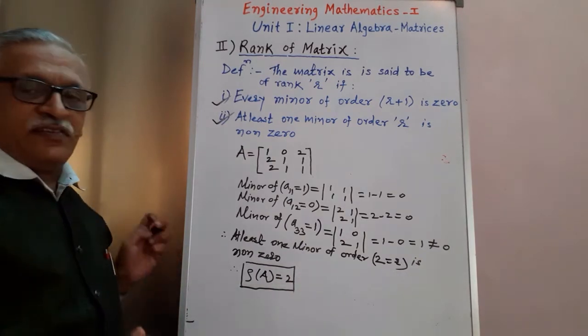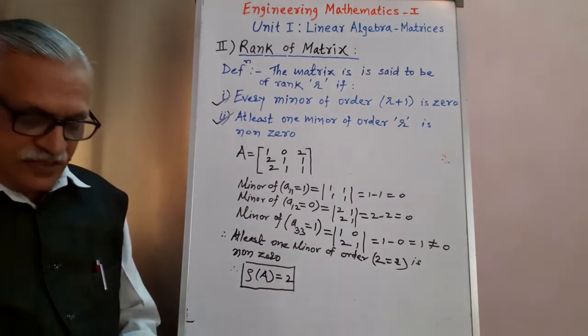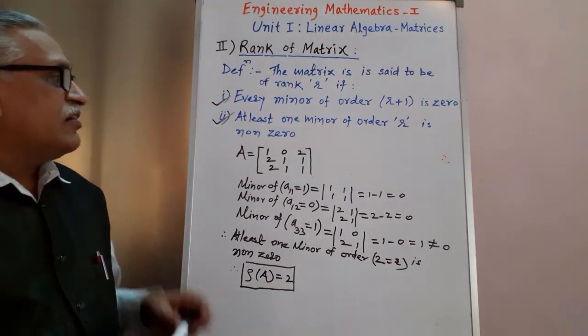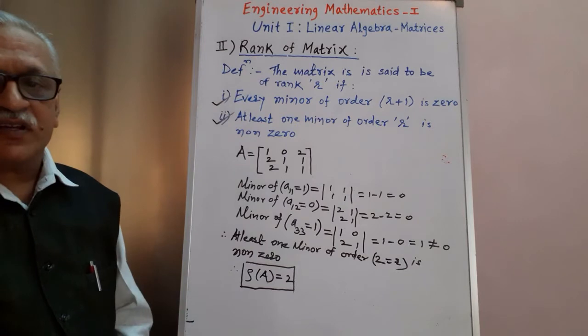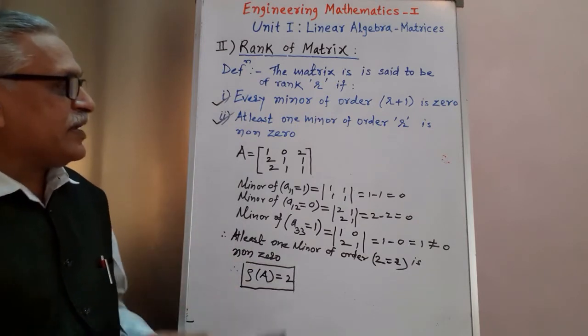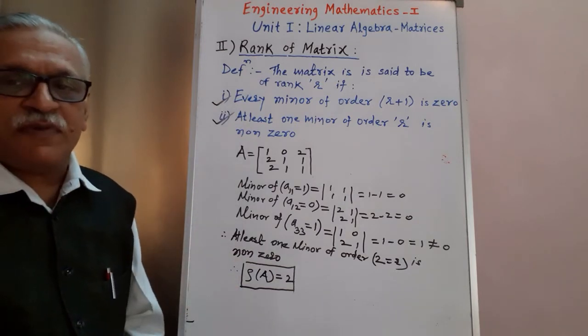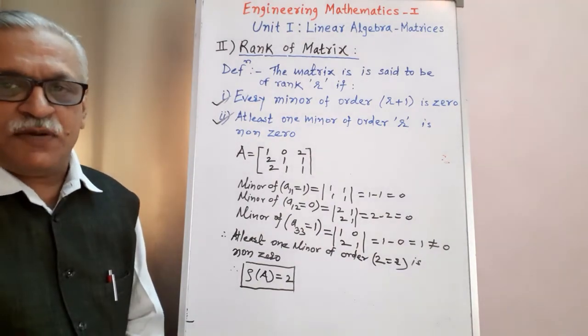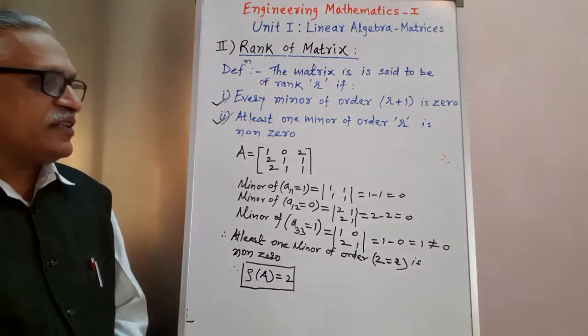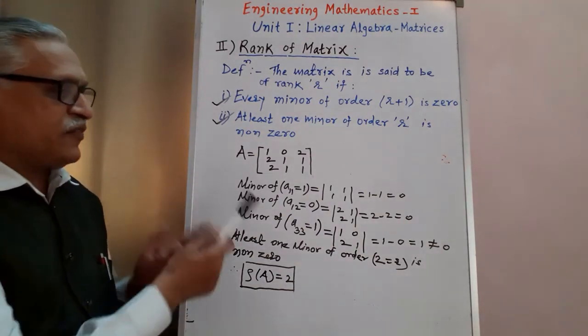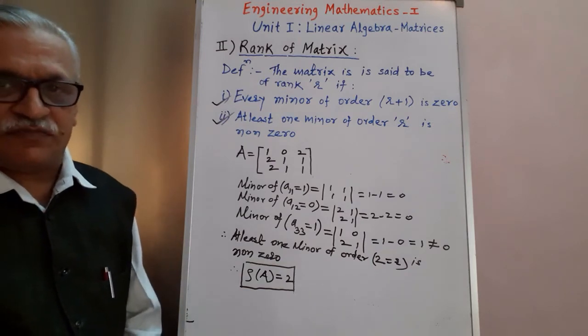Like this, we can find the rank of a matrix with the help of this definition. This definition is applicable if the order of the matrix is up to 3 by 3. If the order is more than 3 by 3, then it is somewhat difficult to perform the calculation.